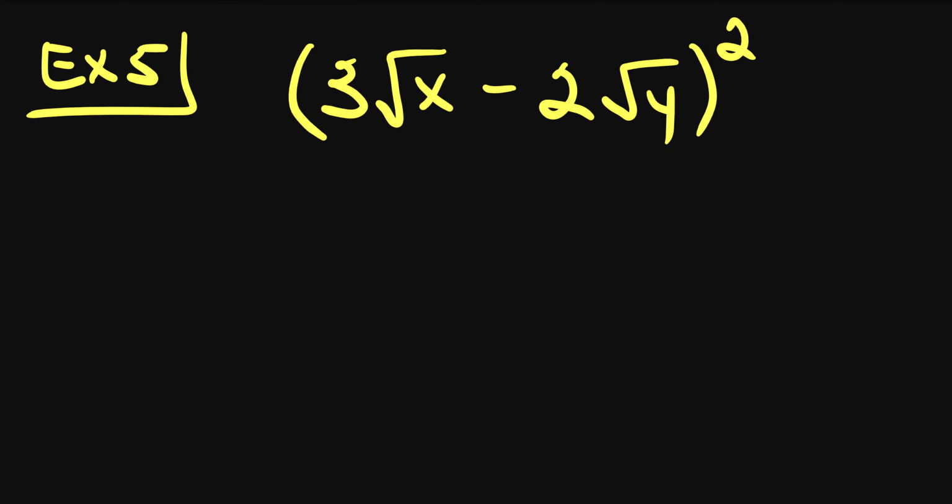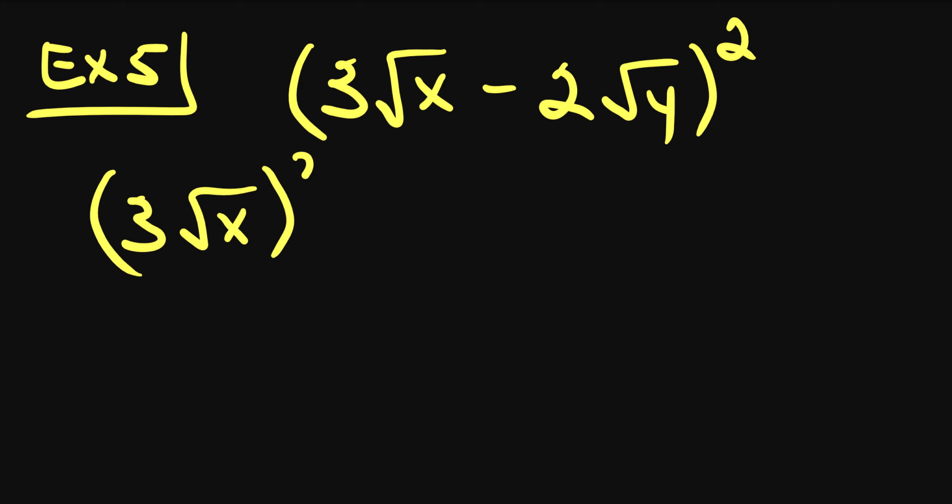All right, so here's another binomial squared. So I can, again, do the shortcut way, which would be by squaring the first term. So this one here would be 3 root x squared. Squaring that. And then I want to multiply these three terms.